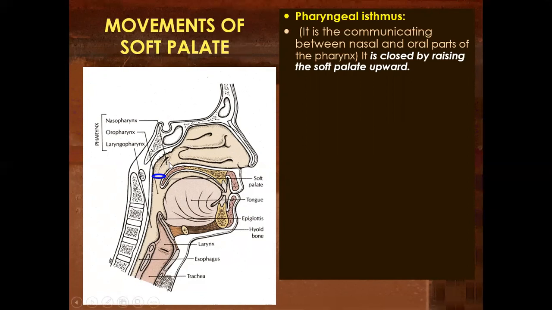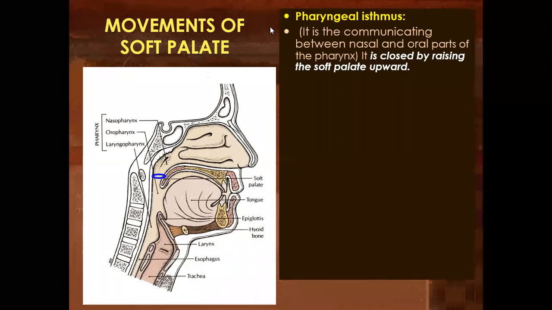This is the nasopharynx, this is the oropharynx, and this is the laryngopharynx. Behind the nose is the nasopharynx, behind the oral cavity the oropharynx, and behind the larynx the laryngopharynx. The communication between the nasopharynx and the oropharynx is called the pharyngeal isthmus.